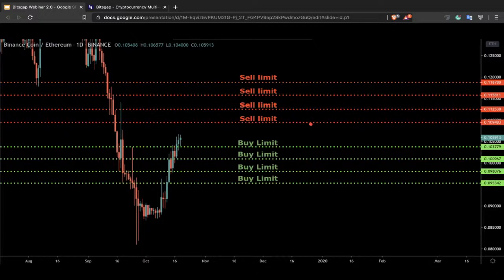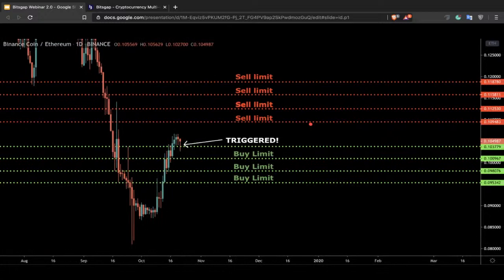In any case, everything is represented by the grid amount. And the way you distribute your investments within this trading range is up to you, and I will show you in the Bitsgap platform how you can adjust the trading range to have different dispositions of your sell side and the buy side.